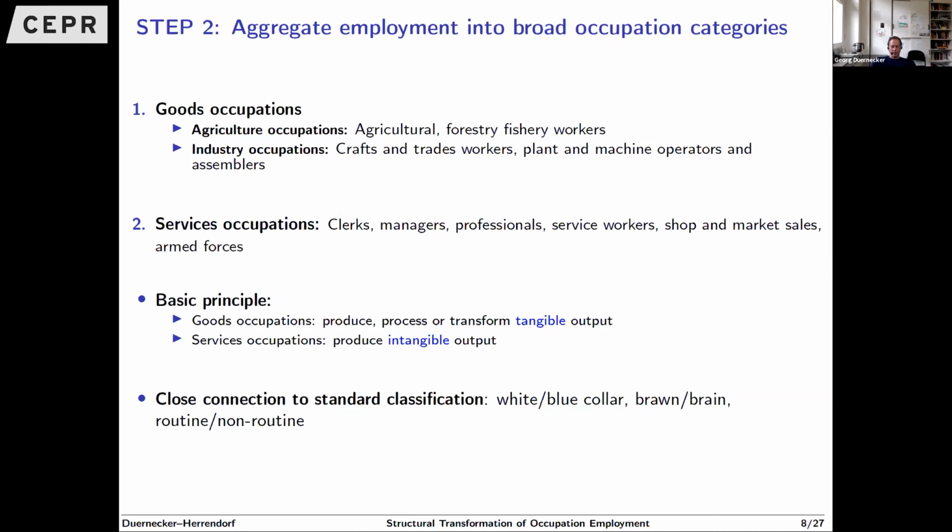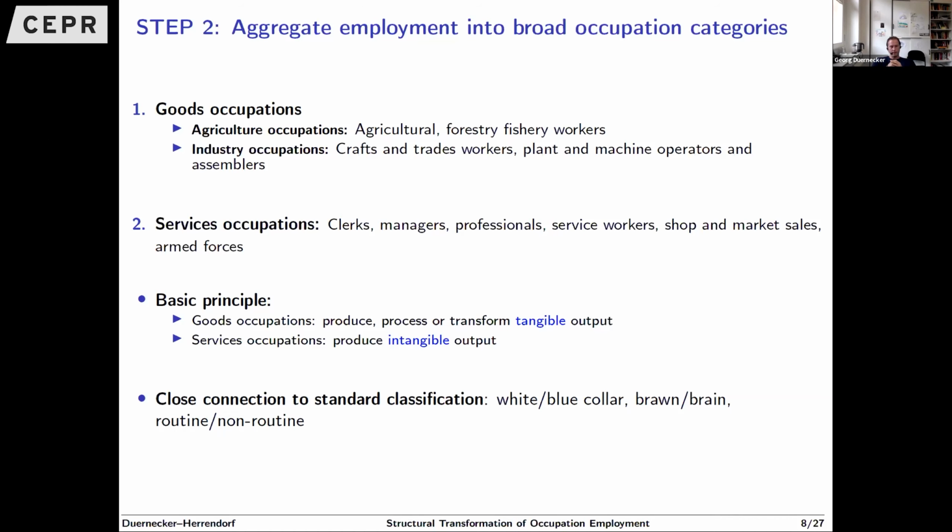Now in the second step, we compute employment at the occupation level of broad occupation groups. And there we distinguish between three broad occupation groups, namely agricultural occupations. That includes, for example, agricultural workers, fishery, forestry workers. Then we have industry occupations that mainly include crafts workers, machine operators, assemblers, and that sort of occupations.